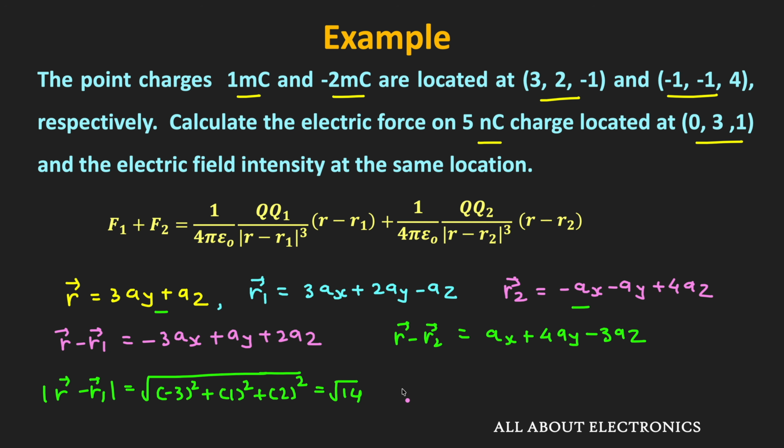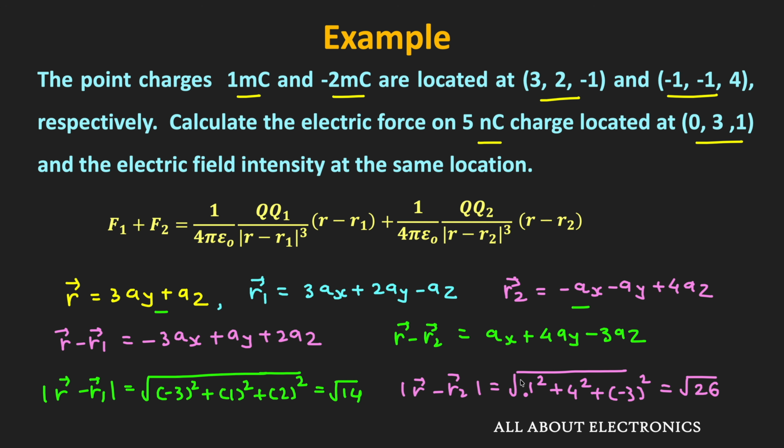Likewise, the magnitude of r minus r2 is equal to the square root of 1 square plus 4 whole square plus minus 3 whole square, and that is equal to square root of 26.